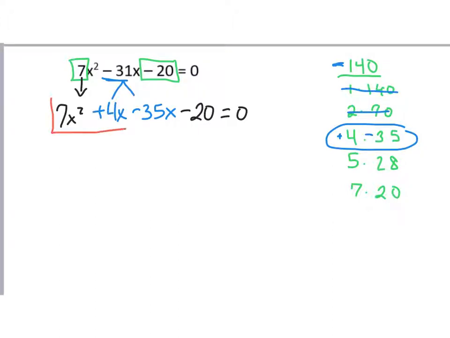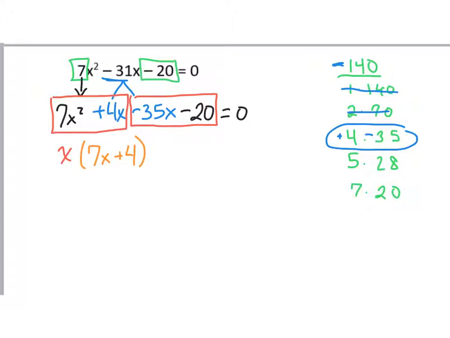So I'm going to look at these first two. 7x squared plus 4x. I can take an x out of both of those. So x, which is going to leave me with a 7x plus a 4. Okay. When I look at my second two terms, I want it to end up being 7x plus 4.